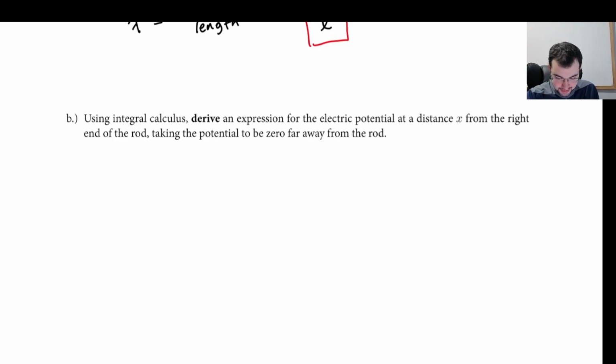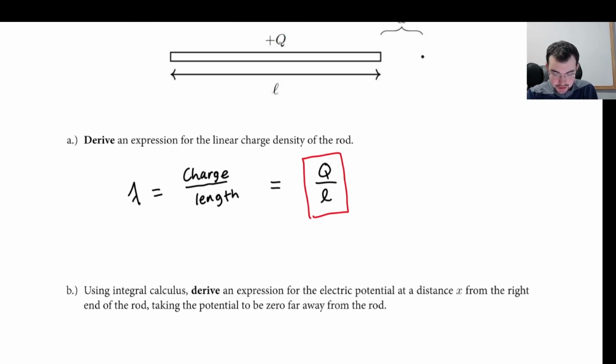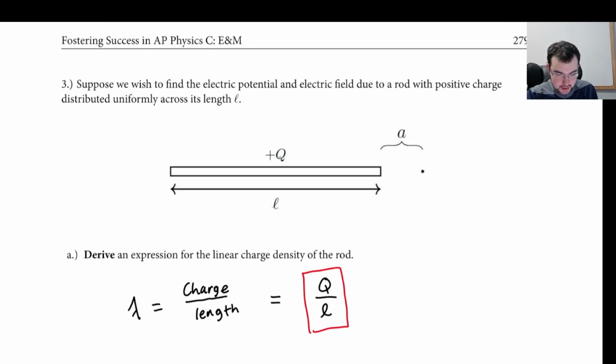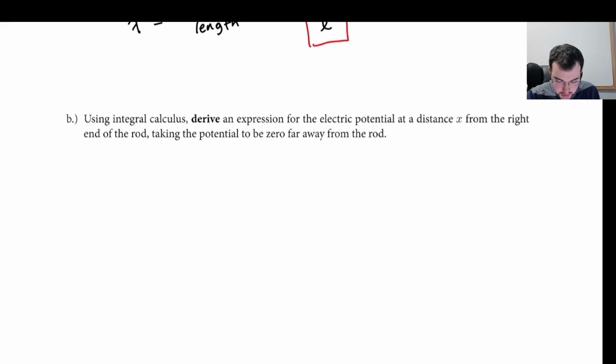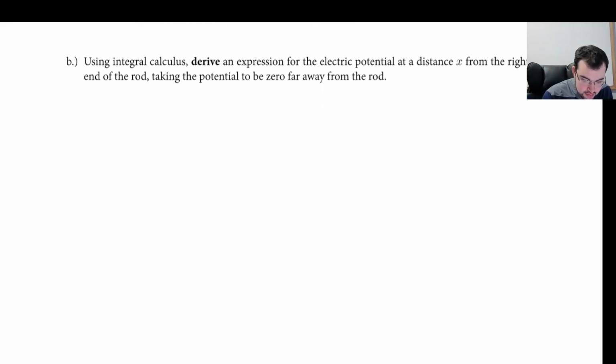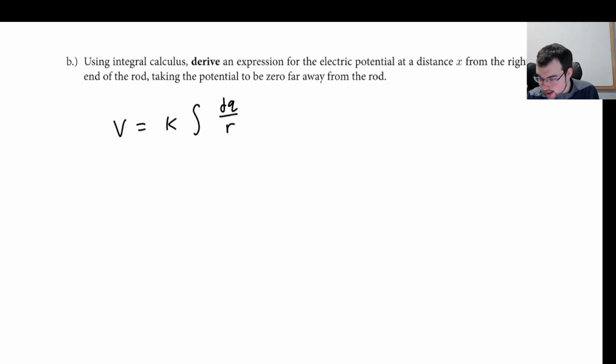Using integral calculus, derive an expression for the potential a distance x from the right end of a rod, taking the potential to be 0 far away. So I think we should call this x. We know that the integral we're building is k times the integral of dq over r. So we need an expression for dq, and we need an expression for r.